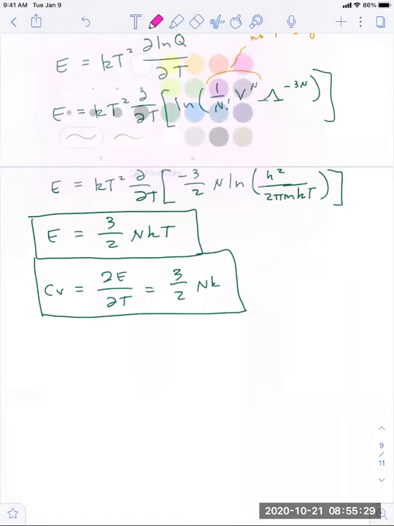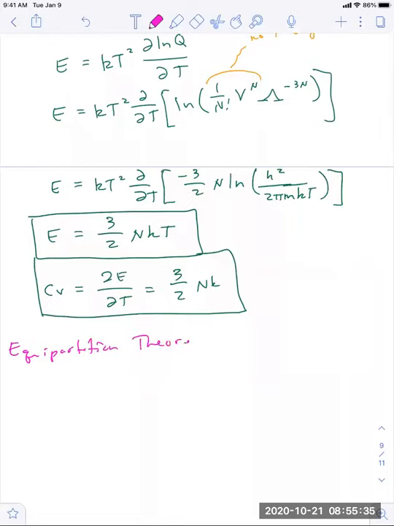And it can be derived that this is the Equipartition Theorem, which states that each degree of freedom in a system contributes 1/2 kT to the energy.